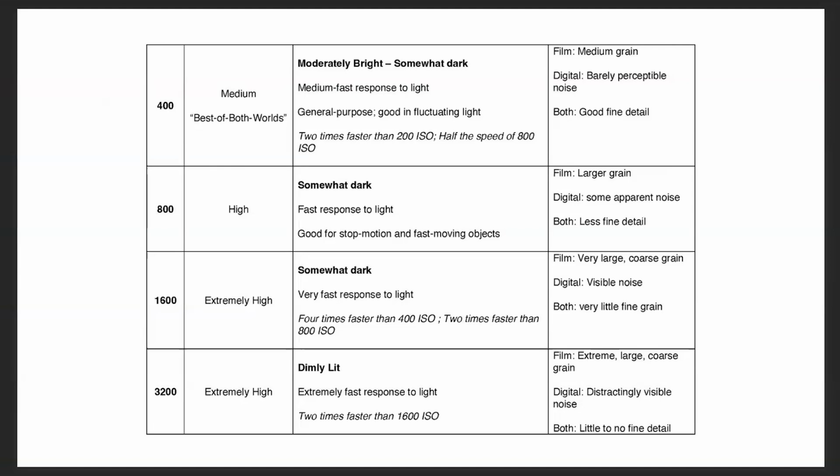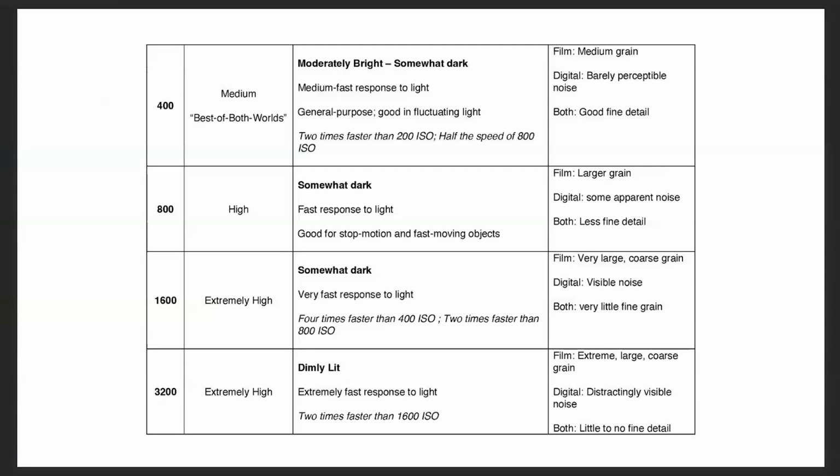Now, people like using higher ISOs, especially in the beginning of our class, because when it comes to exposures, we can talk about how quick an exposure can be, how long it can take to actually capture the amount of light necessary to create an image.